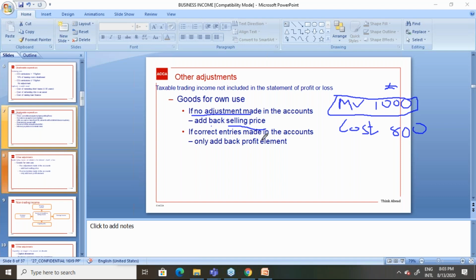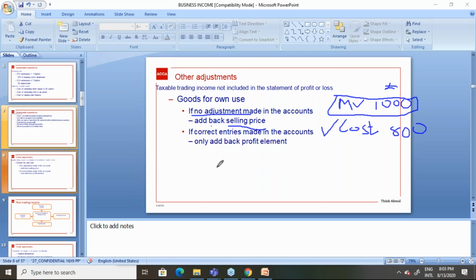That means the purchases value should come down. Your expenditure value should come down. That means your profit should increase. But what matters here is, in accounting, when you record goods drawings, we use the cost value. In accounting, we use the cost value to record a transaction.